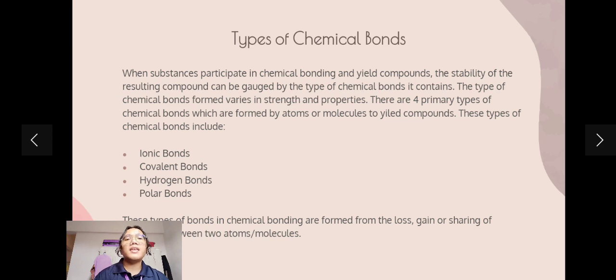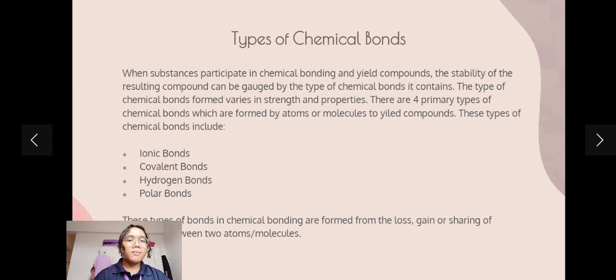Next, I will be talking about types of chemical bonds. When substances participate in chemical bonding and yield compounds, the stability of the resulting compound can be gauged by the type of chemical bonds it contains. The type of chemical bonds formed varies in strength and properties.